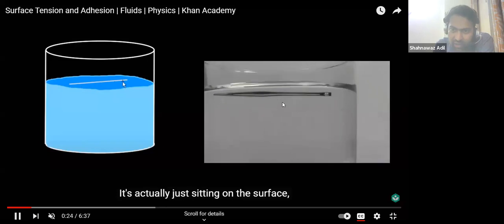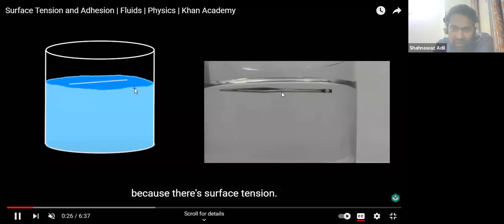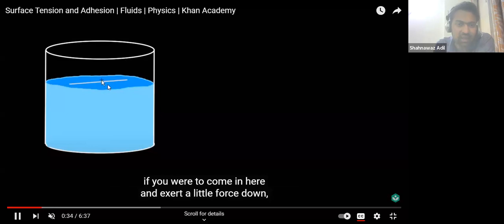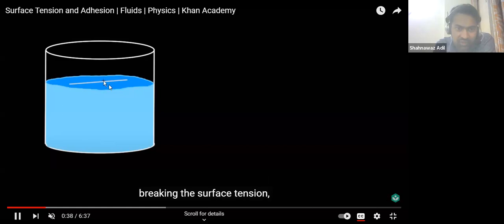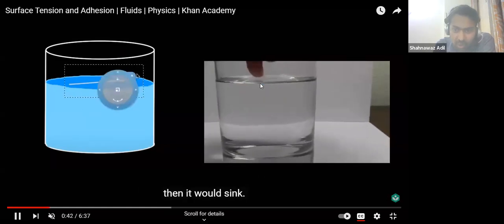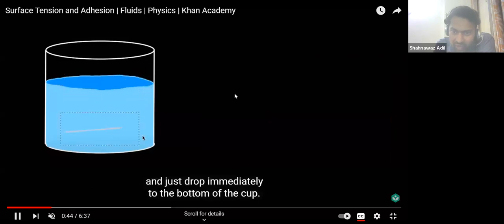Due to surface tension. So due to surface tension, this needle doesn't sink down, right? So this is the property by which the open surface, the free surface in contact with the air, will not go down. But let's say if you just... yeah, did you guys see this thing?